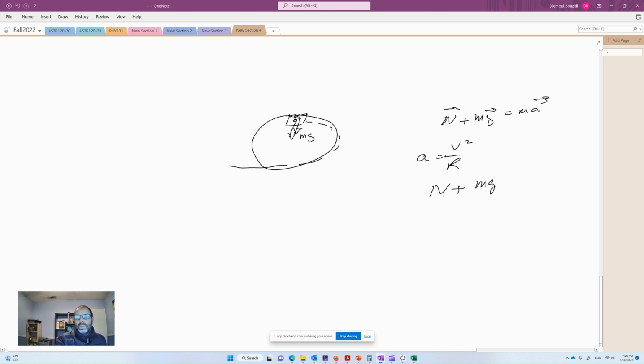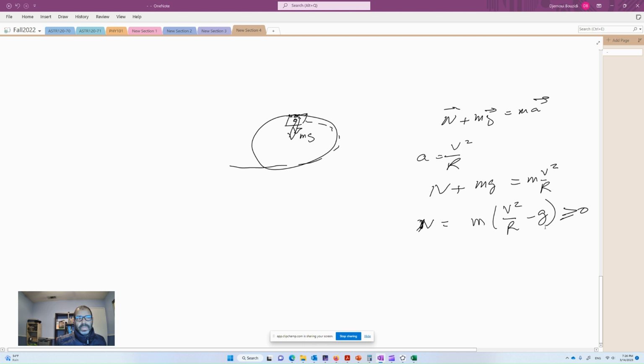Both of them are pointing toward the center, equal to mv squared over r. In order for it to remain in contact, N must be greater than or equal to 0. So N, which is equal to m times v squared over r minus g, must be greater than or equal to 0. Otherwise, if it's 0, then it came off of the track.